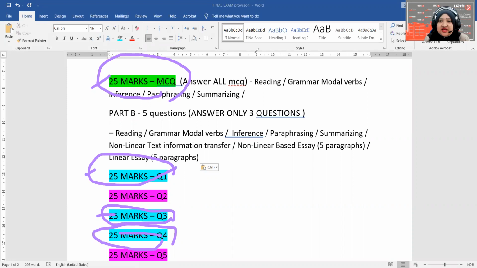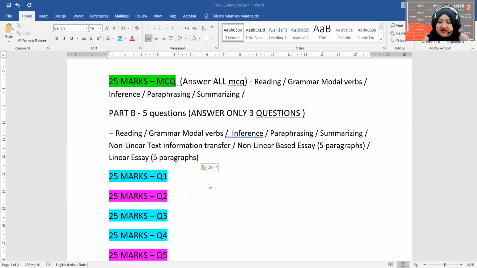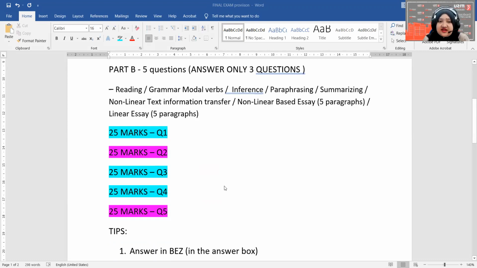So only choose 3. This is especially because you only have 3 hours for the examination, and I don't want you to spend too much time trying to answer all of the questions when only 3 will be graded. If the student answers all, only the first 3 will be graded, and the rest will not be looked at at all.